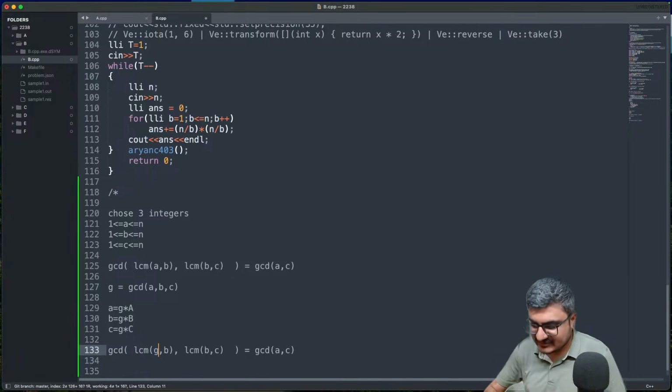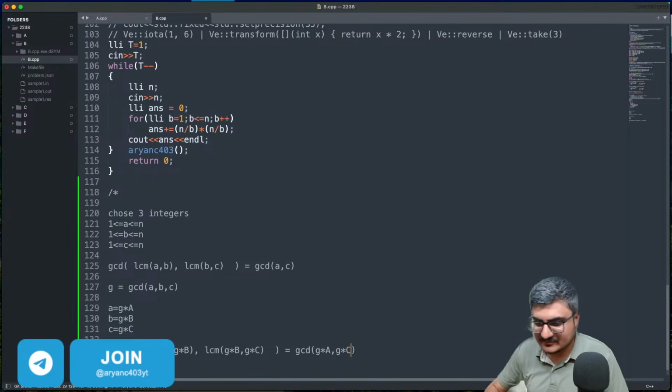Then this becomes G into A, this becomes G into B, this becomes G into B, this becomes G into C. This becomes G into A, this becomes G into C. Right?